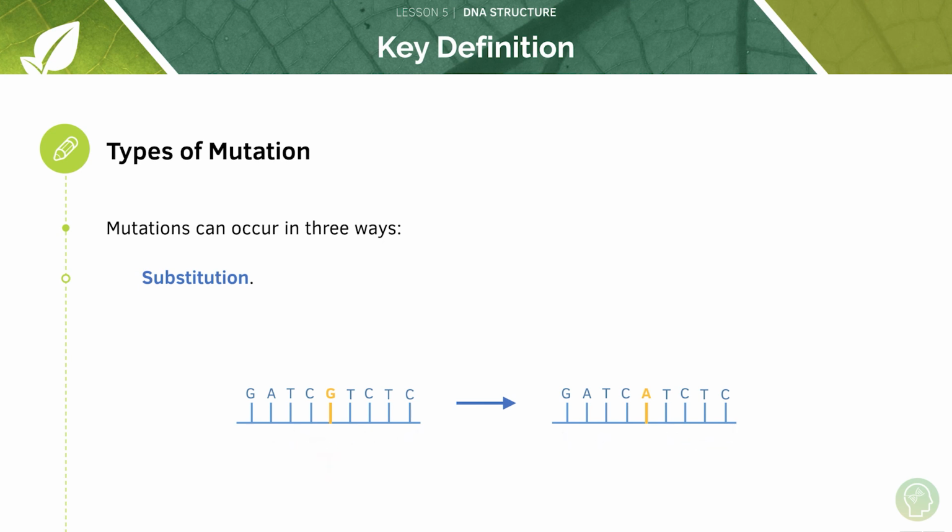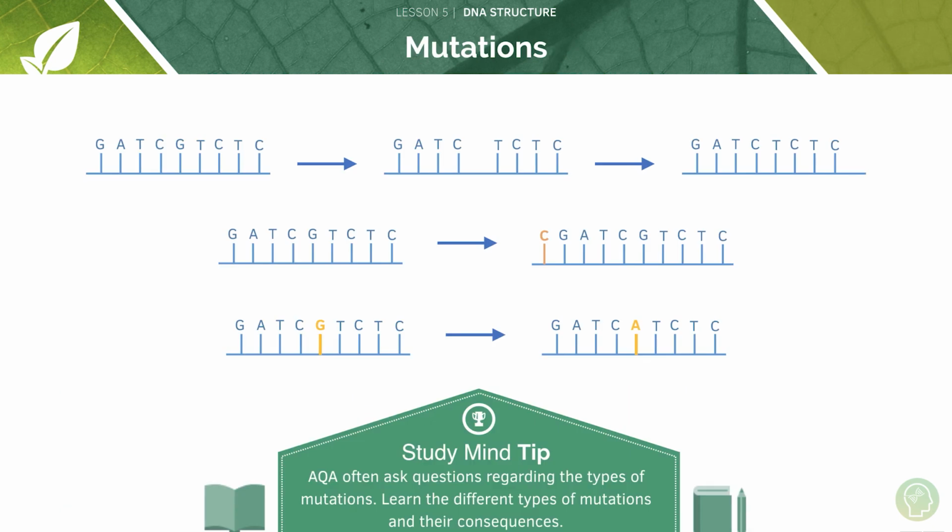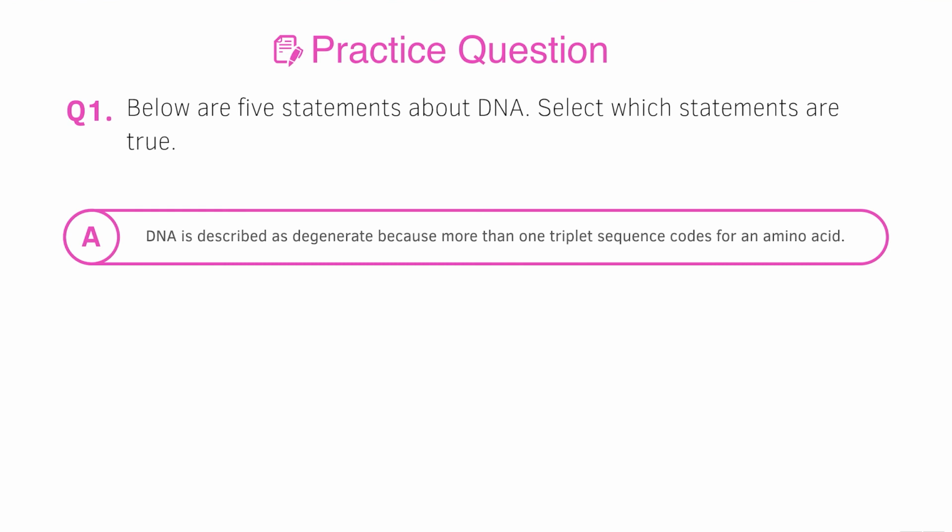But remember, there is a chance that they actually both end up coding for the same amino acid because the code is degenerate, as we saw on previous slides. So please make sure you learn these 3 different types of mutation: deletion, substitution, and insertion, because they can easily come up.